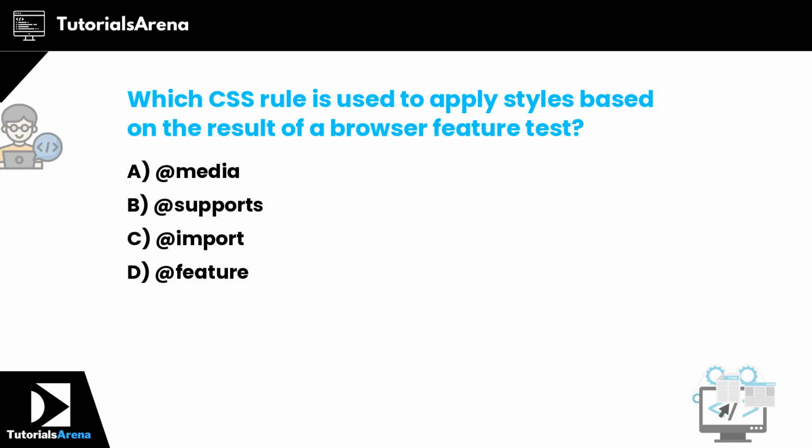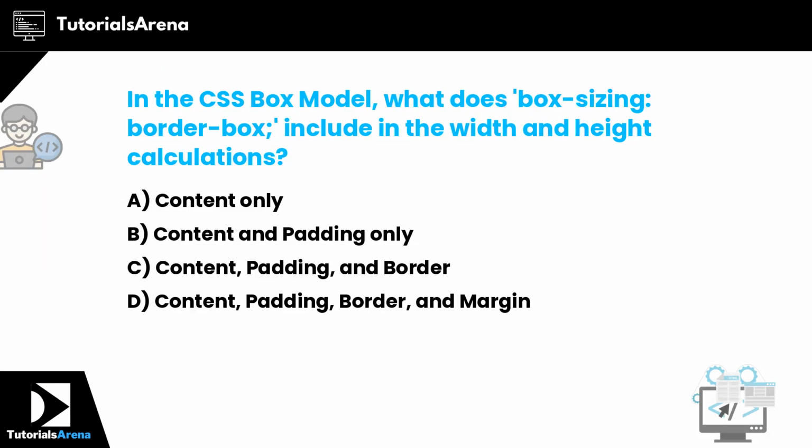Which CSS rule is used to apply styles based on the result of a browser feature test? The correct answer is option B, @supports. In the CSS box model, what does box-sizing: border-box include in the width and height calculations?